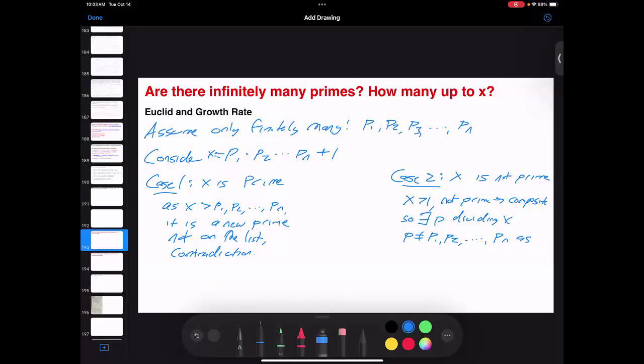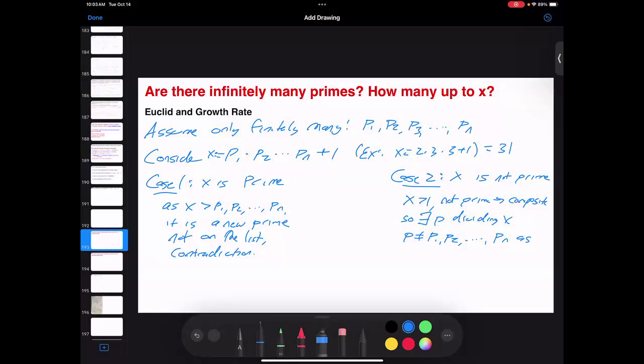Yes. Well, no. So for example, let's say X equals 2 times 3 times 5 plus 1, which would be 31. What would be the remainder of 31 when I divide by 2? 1. What would be the remainder of 31 when I divide by 3? What's the remainder of 31 when I divide by 5? 1. If you look at it, X is a multiple of p1 plus 1.